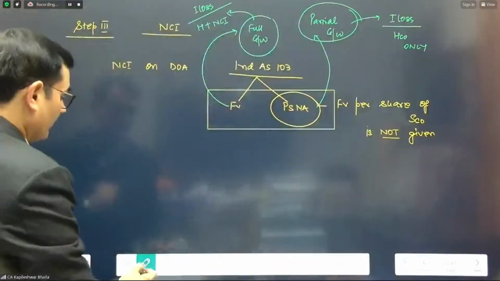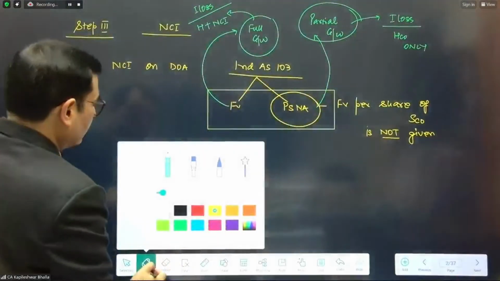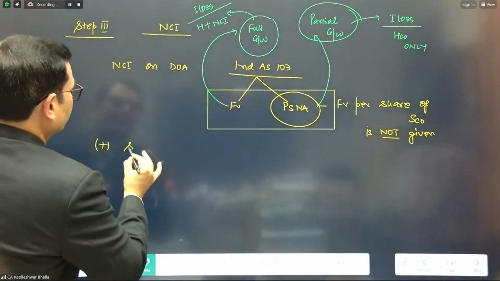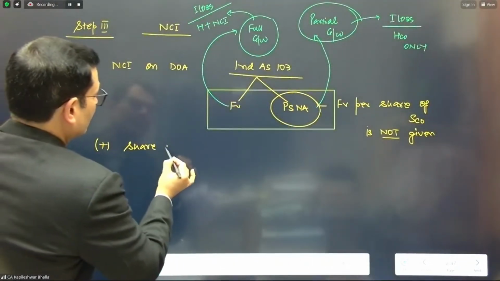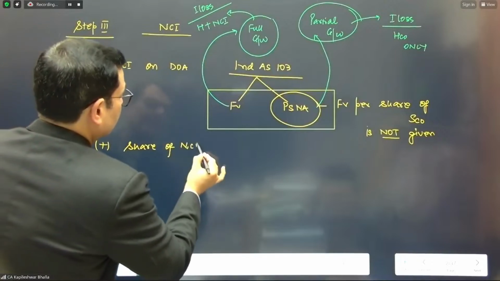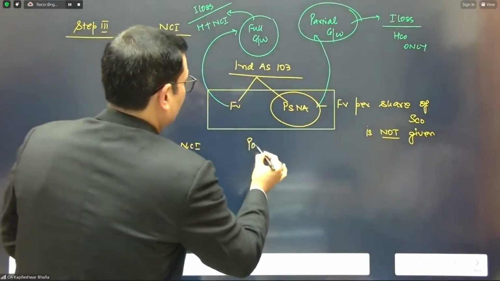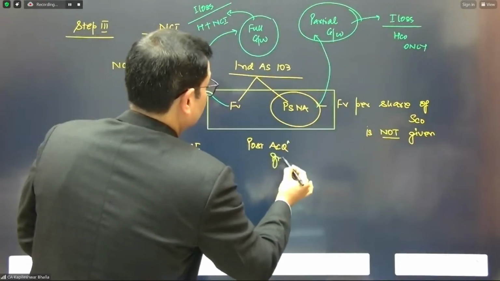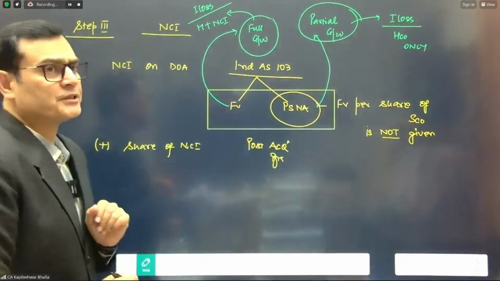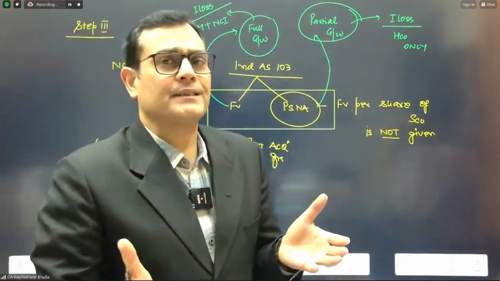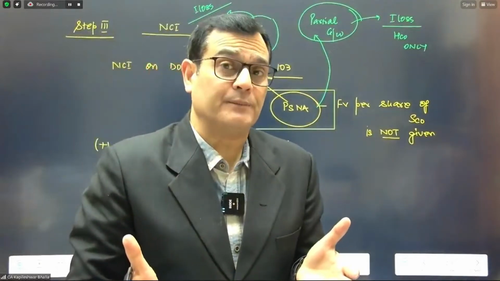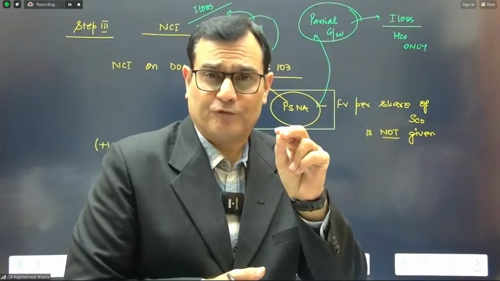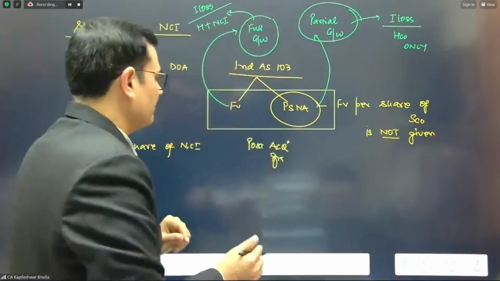Okay. Further, once you've taken care of the NCI on the date of acquisition, you need to add the share of NCI in post-acquisition profits. You've already done the analysis in step number 2A, and in step number 2A, you get the post-acquisition figure and you take the NCI percentage.